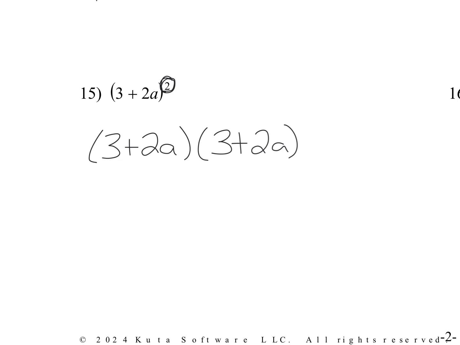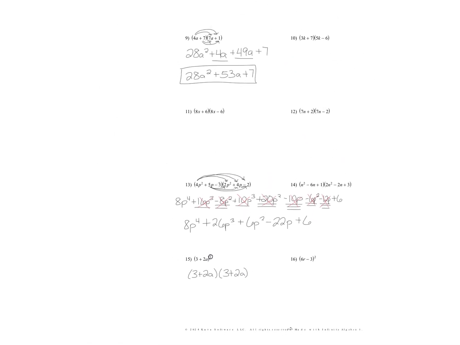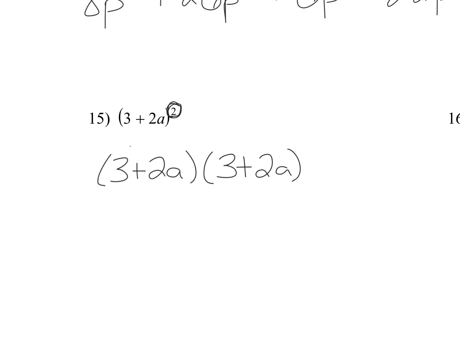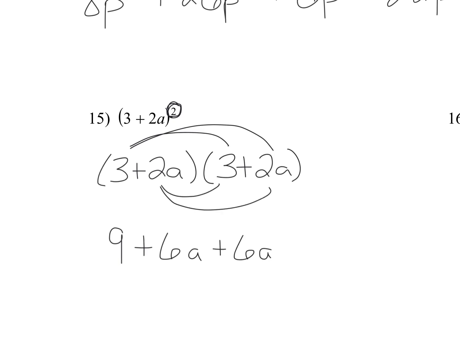And now, is it the same thing we did on number 7? It's that same thing, or 9, whatever one that was. So I'm going to take 3 times 3. 9, 3 times 2a, 6a, then we have 2a times 3, 6a, and then we have 2a times 2a, 4a squared.